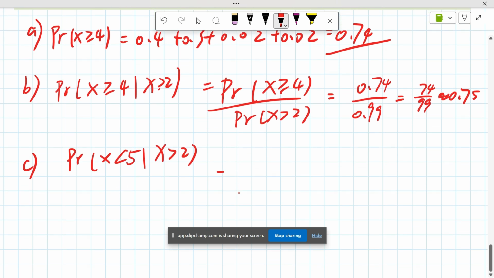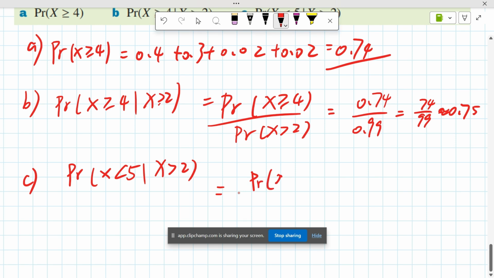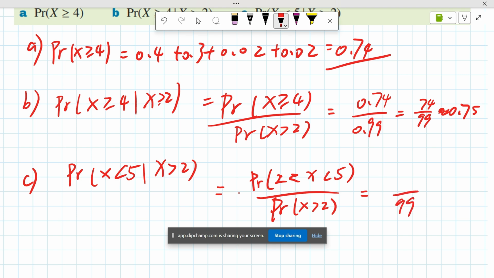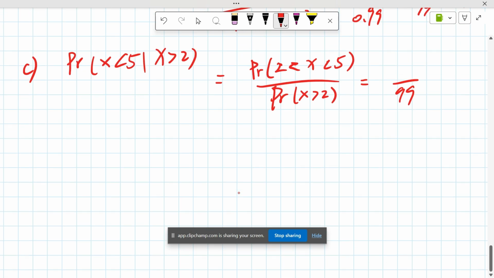Okay, and then that equal to, because that's the 2 to 5, so probability of 2 less than x less than 5 over probability of x greater than 2. So still 99 here, and so we're adding those two numbers together, so which is 0.4 plus 0.3.